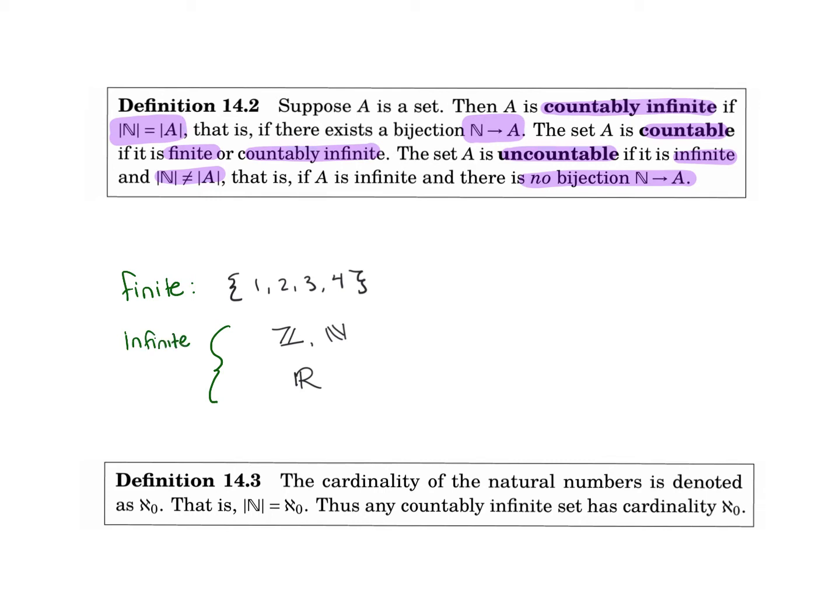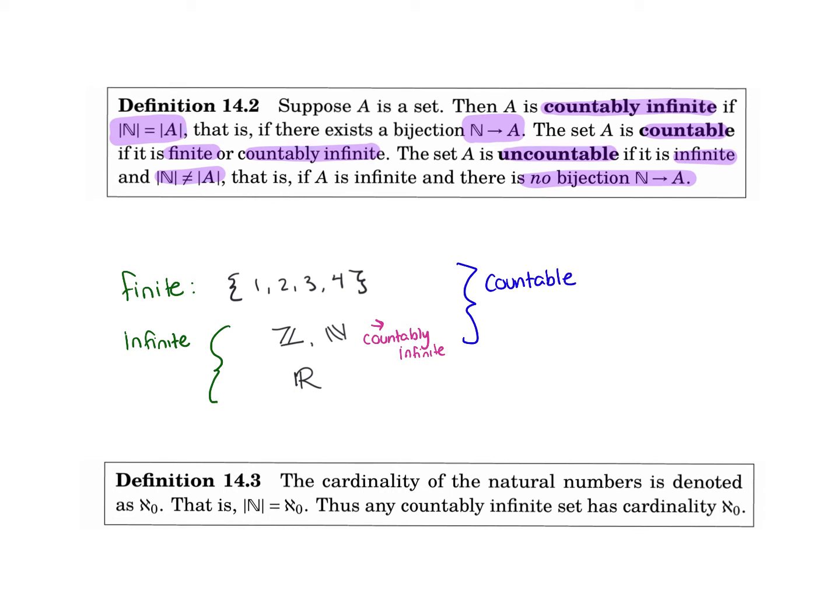Now, these new terms: countably infinite means it has the same cardinality as the natural numbers. And then it's countable if it's either finite or countably infinite. So both of those two are countable.